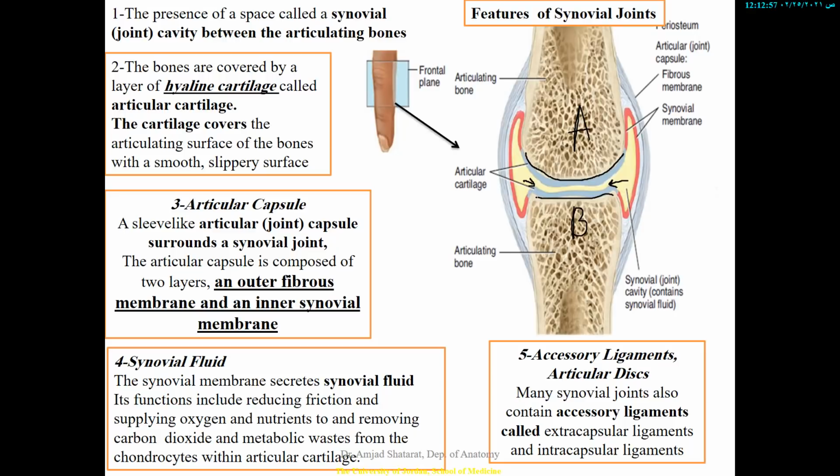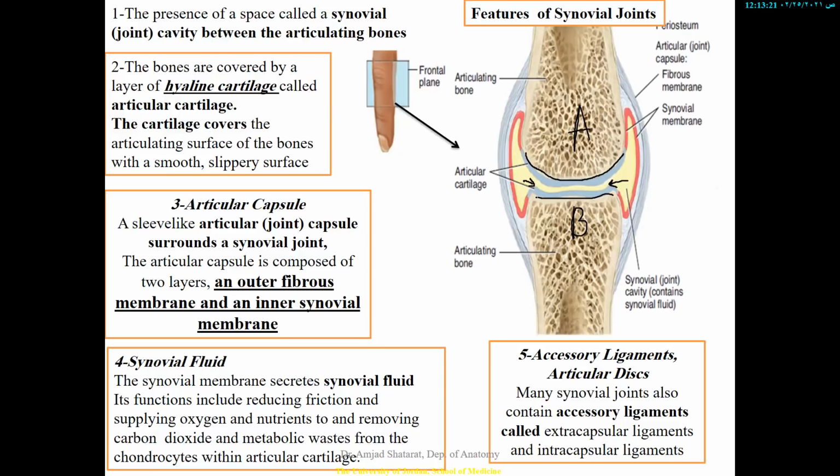We also call it articular cartilage. Why do we need it? Because we expect this joint to move, we need to protect the mobile bones, and the best way to protect them is to cover them with hyaline cartilage.